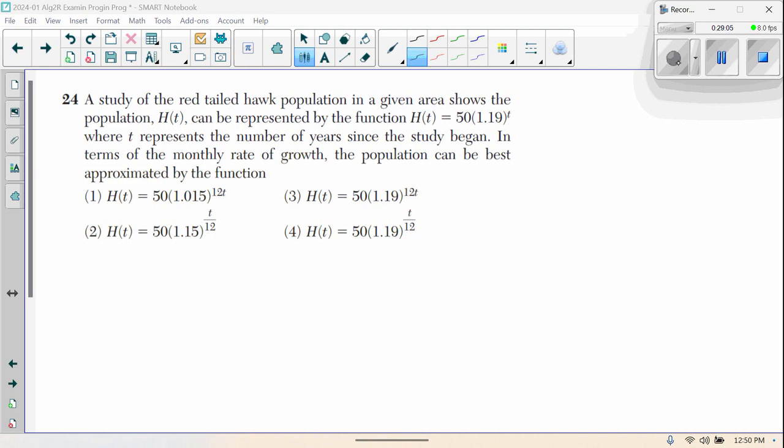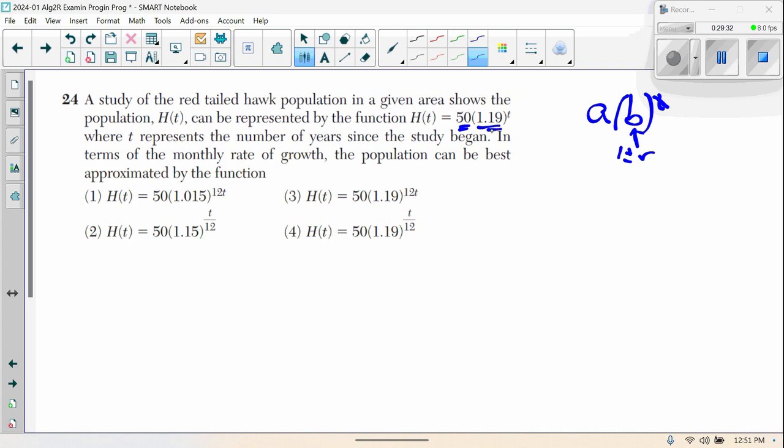A study of the red-tailed hawk population in a given area shows the population h of t can be represented by the function h of t equals 50 times 1.19 raised to the t. Last problem, we just talked about a b to the t, well, to the x, we called it, where this is 1 plus or minus our r. And how funny this problem is that. Here's your a, which is your initial value.